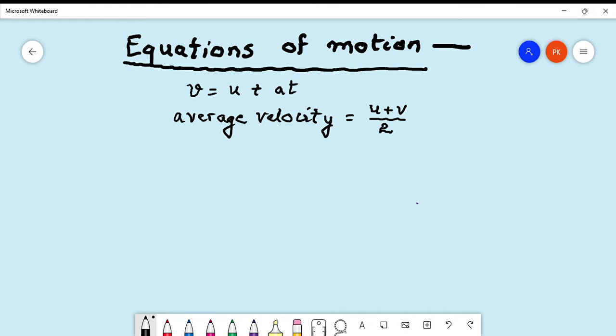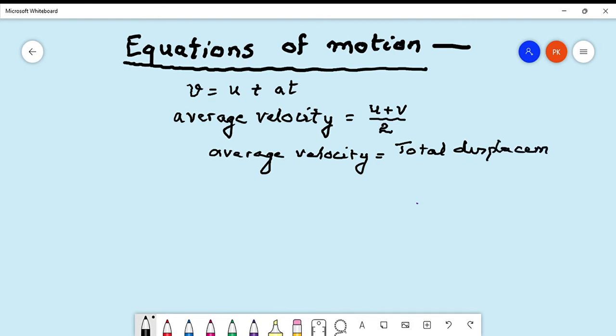That means I can say the average velocity is total displacement divided by time. Average velocity is total displacement divided by time.